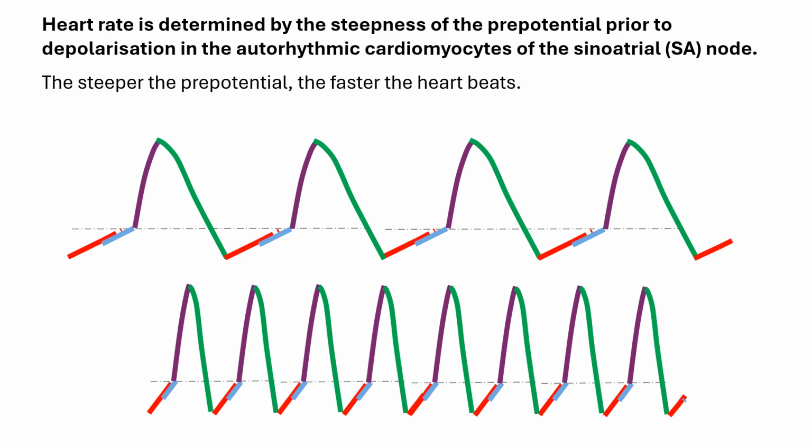And here, over this specific period of time represented here, we had 4 heartbeats in that space, as opposed to 8 in the one below. Because if you look at that pre-potential, it's much steeper. So this is where we're going with our levels of cyclic AMP. We are going to change the steepness of that pre-potential.